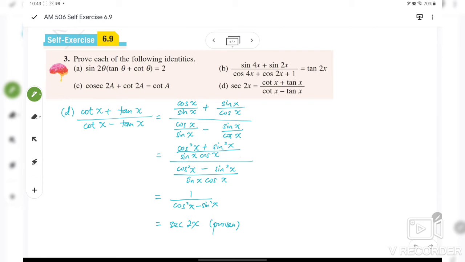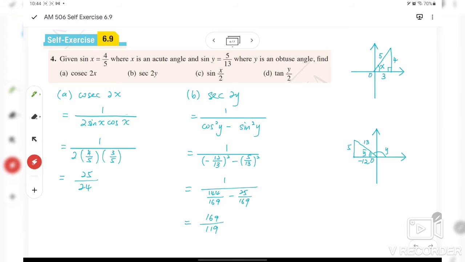With the two layers of fraction, we have the same denominator, so we can cut off the common factor. The cosine square x plus sine square x is equal to 1. So now we have 1 over cosine square x minus sine square x, which is 1 over cosine 2x. Therefore, we will get secant 2x.